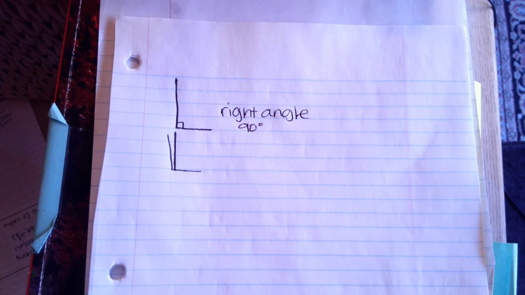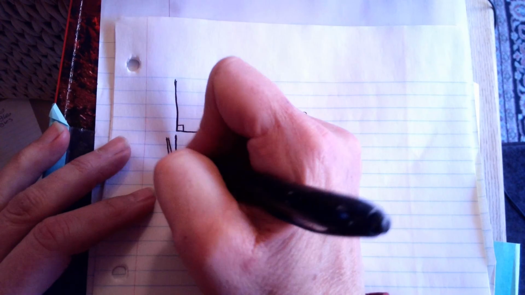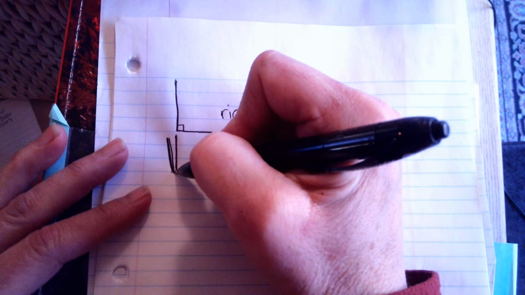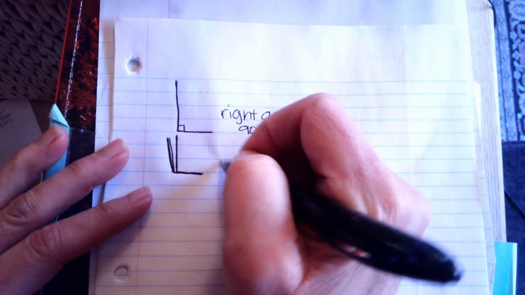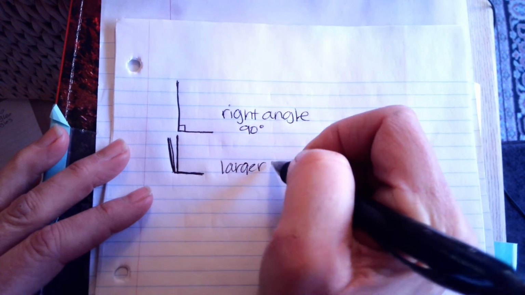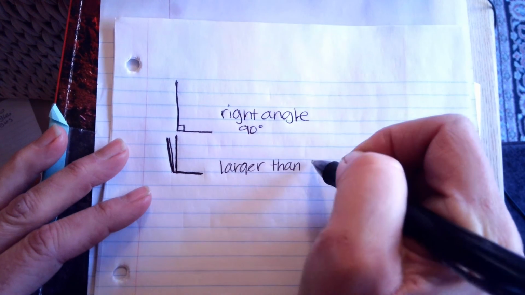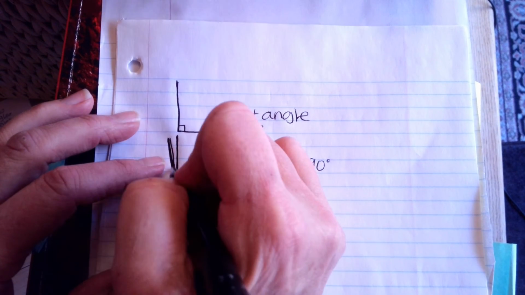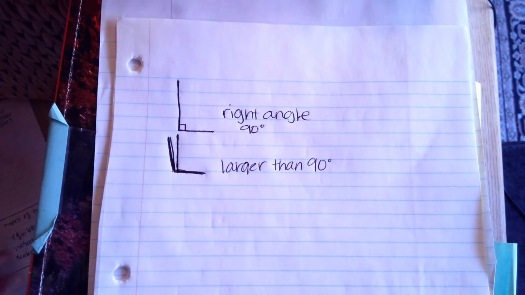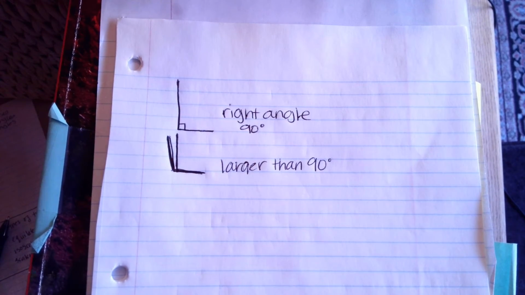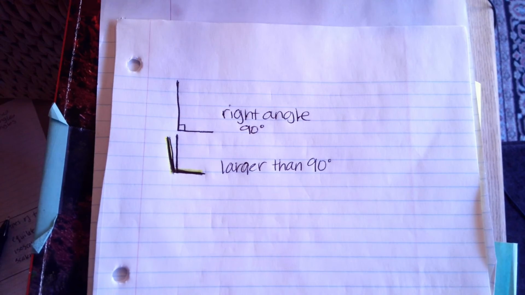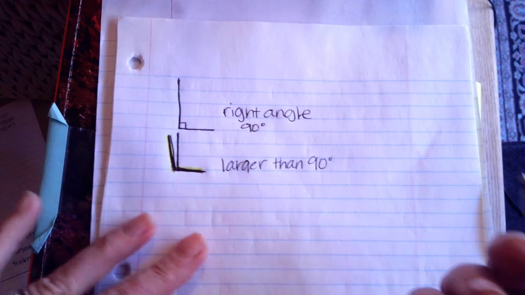That is it. This one, suppose we had a shape that looked like this. If we drew our L right here, we would see that this is larger than 90 degrees. Even if it's 91, it's still larger. So here's our angle. And if we drew this line right here, we would see that it's larger than 90 degrees.